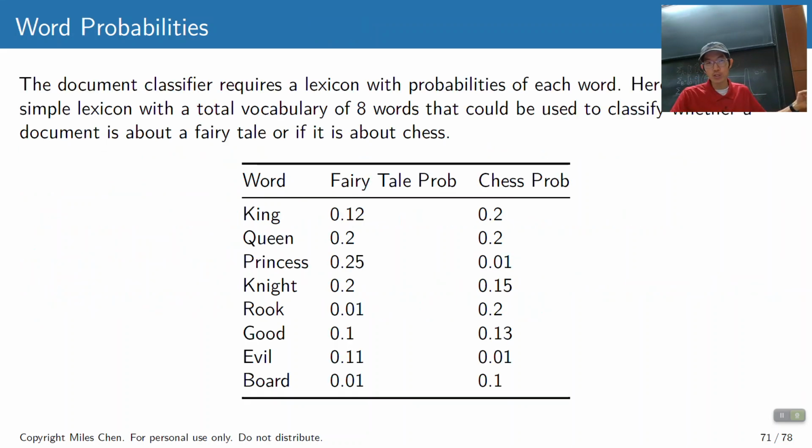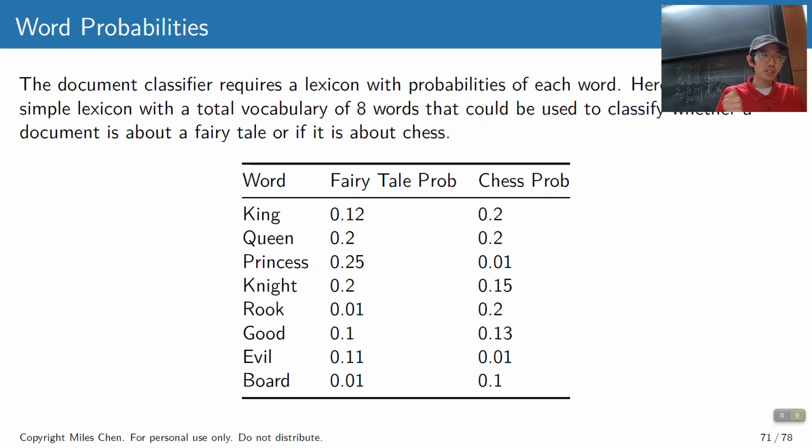And in order for us to do document classification, we would need to have a lexicon of word probabilities for the different classifications. Okay, so here is a very, very simplified lexicon.